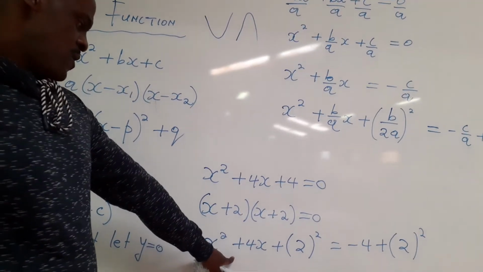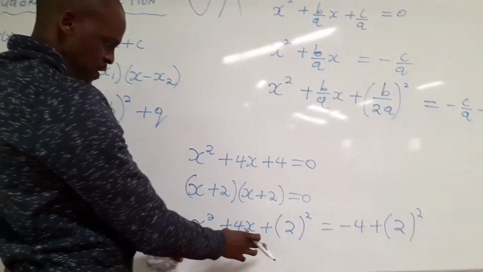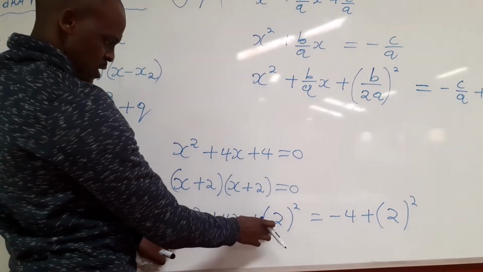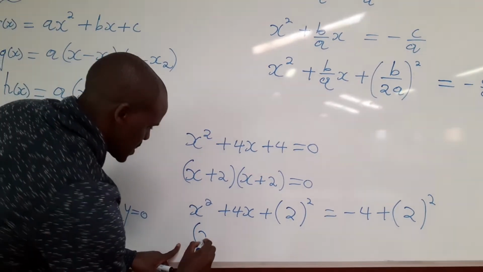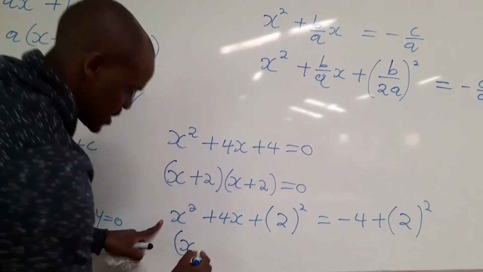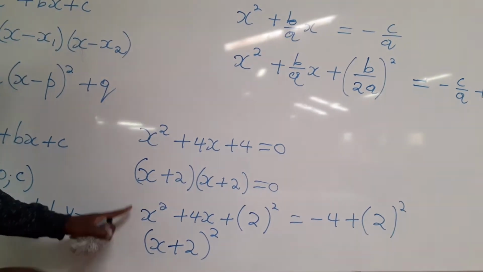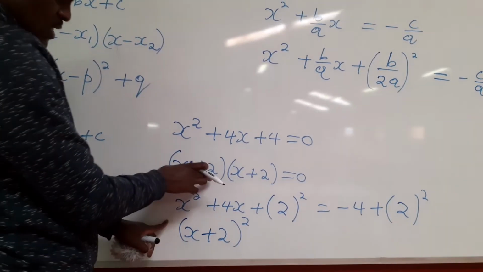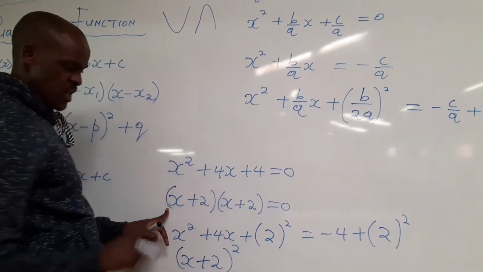From this step, we factorize. Remember, we've got 2 squared, which is the same as 4. To factorize this, it's x, and then you take the 2 as it is inside the brackets. It's plus 2, and then all squared. As you can see, it's (x + 2)(x + 2), which means it's (x + 2) all squared, because this repeats itself 2 times.